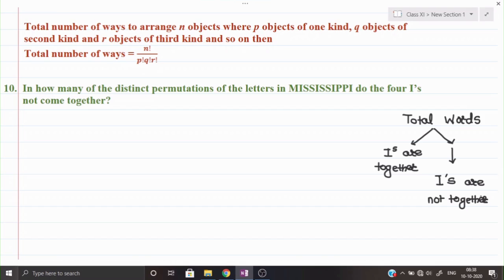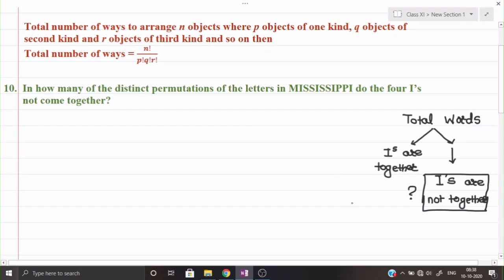Now what is required for us is to find out where the I's are not together. One thing you observe: if I add the number of permutations where the I's are together and the number where the I's are not together, it will be equal to the total number of words.